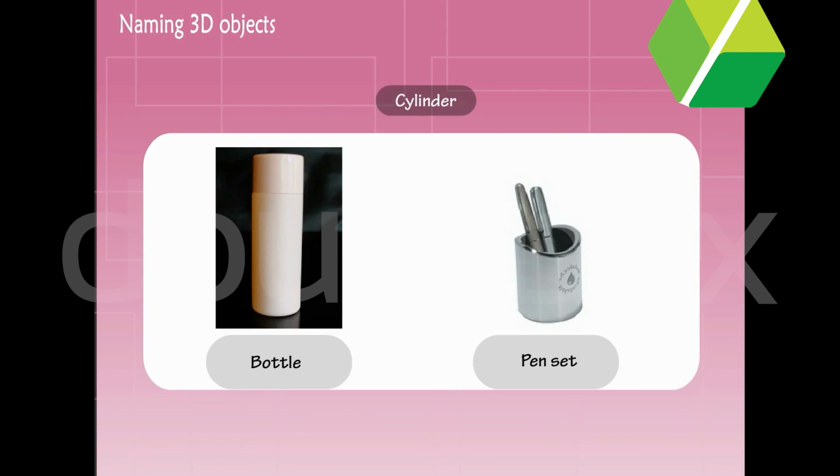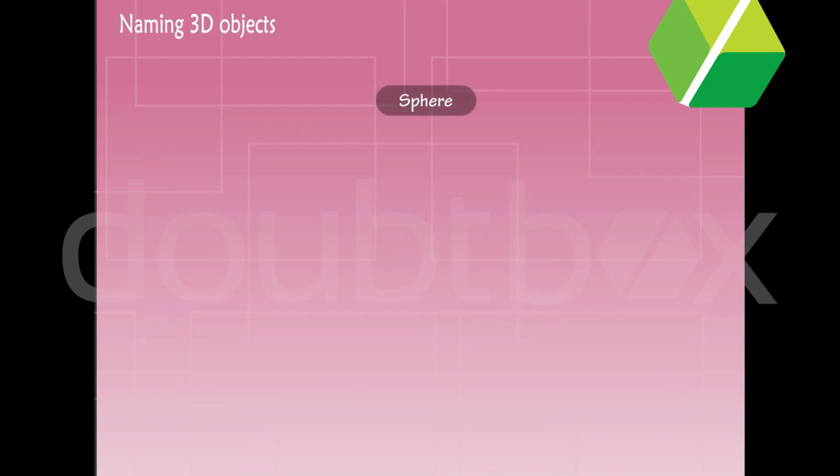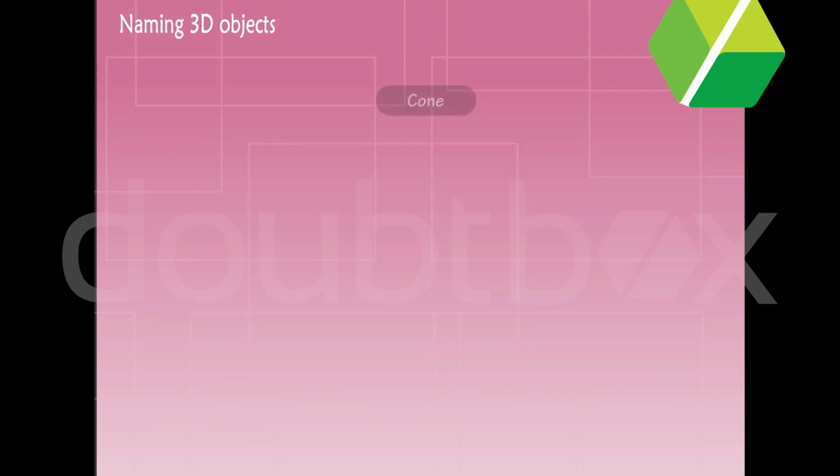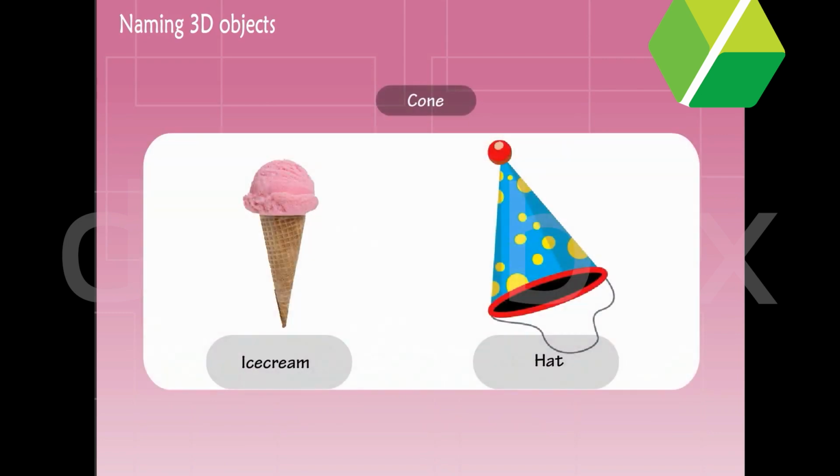Examples of cylinder are bottle, pencil, etc. Sphere. Examples of sphere are football, orange, etc. Cone. Examples of cone are ice cream, hat, etc.